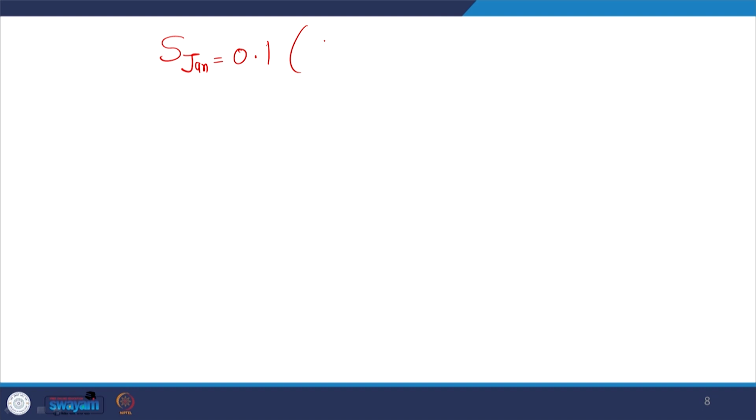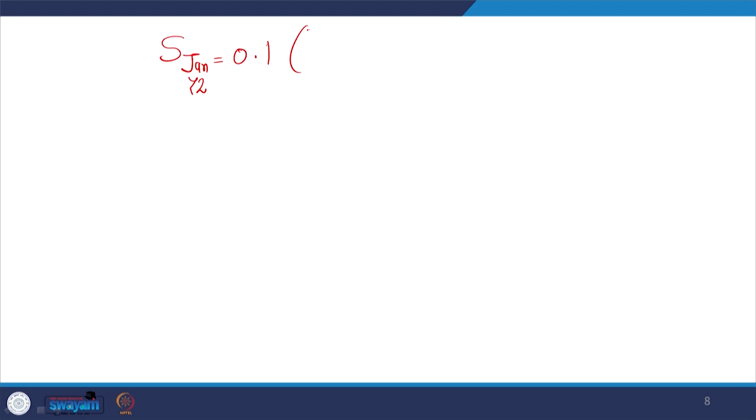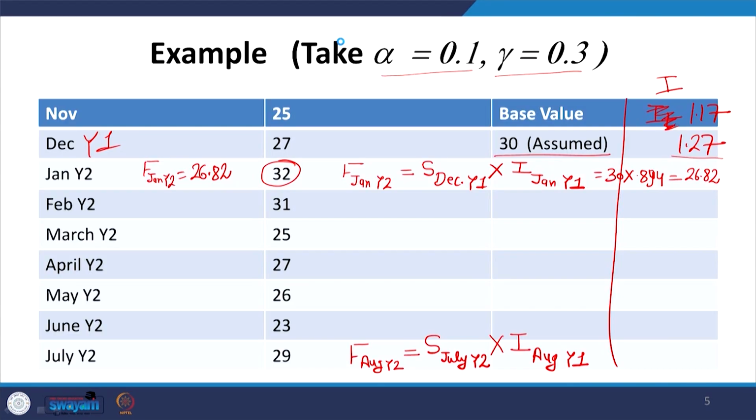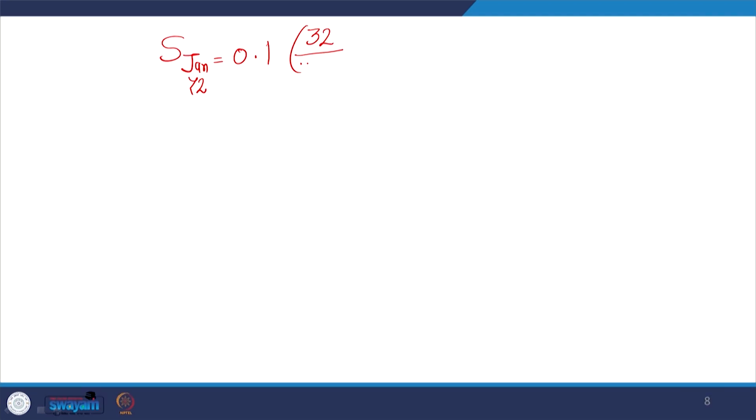D January Y2, it is important to write here, otherwise we will be lost. So, this is January Y2, the value of demand is 32, and the seasonal index of January Y1 is 0.894, plus (1 minus alpha), that is 0.9, into S_{t-1}. S_{t-1} we have assumed as 30 here.